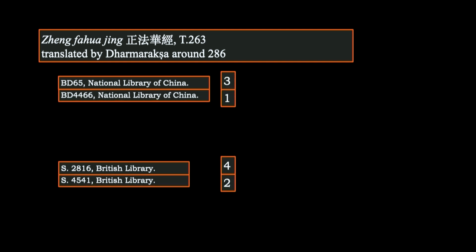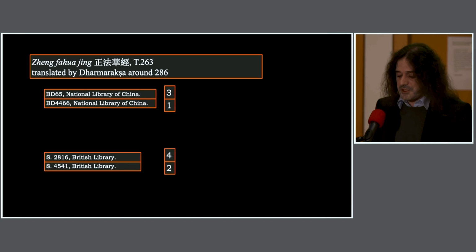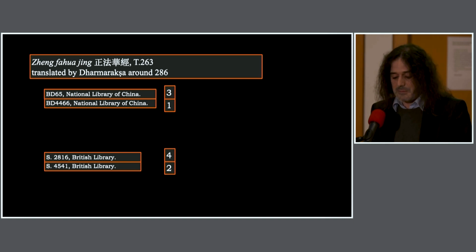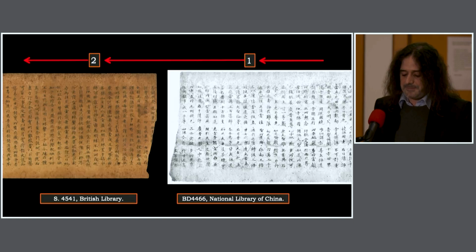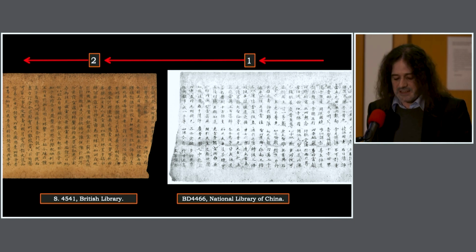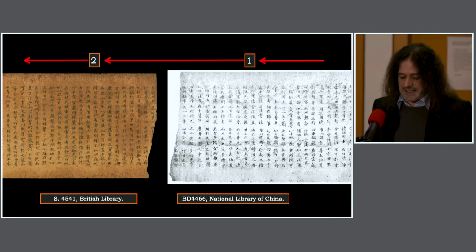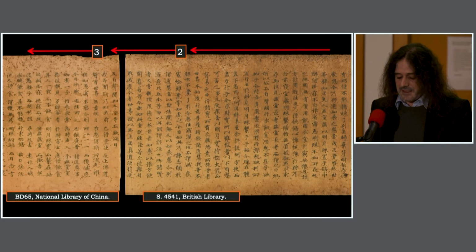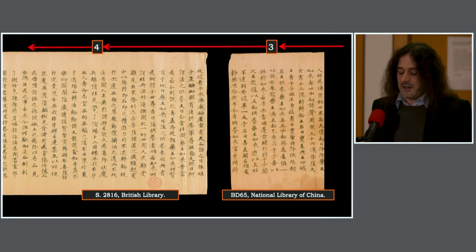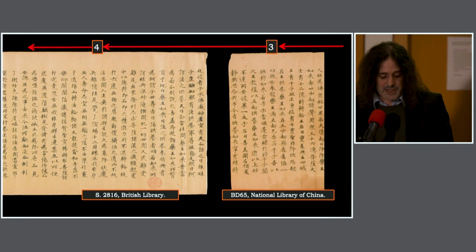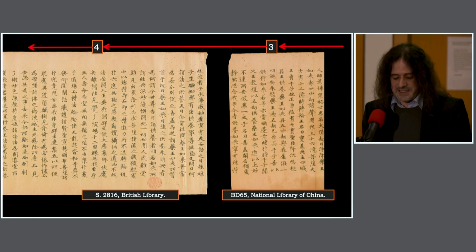This is quite clear if, for example, we put together these two manuscripts of the British Library and these two manuscripts kept in the Chinese collection. This hypothesis is suggested by the characteristics of the paper and even more by the text blocks themselves, which match perfectly. And even more interesting, these four manuscripts are relatively late. They date back to the 7th or 8th century, when the translation by Dharmaraksha was already very obsolete.